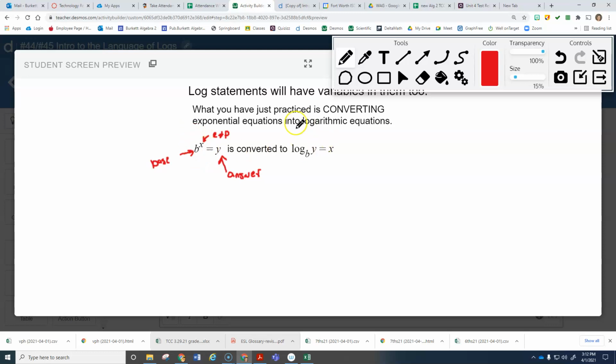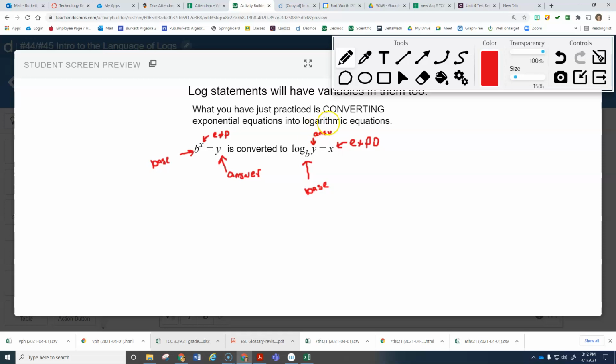When we're working with the log, the answer to a log problem is always the exponent, whatever the exponent was in the exponential problem. The base of the exponent is also the base of the log. And then this was the answer to the exponential problem.